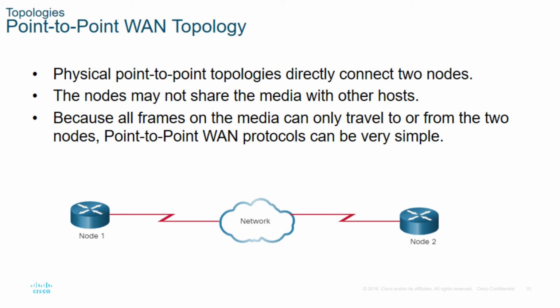Therefore, the logical data link protocols can be very simple, as all frames on the media can only travel to or from the two nodes. The node places the frames on the media at one end, and those frames are taken from the media by the node at the other end of the point-to-point circuit.